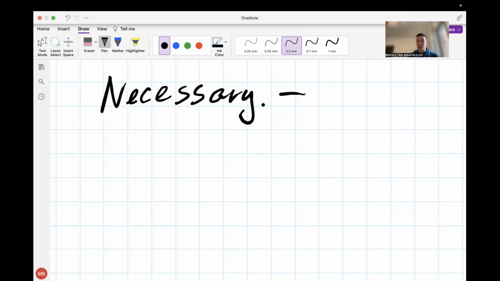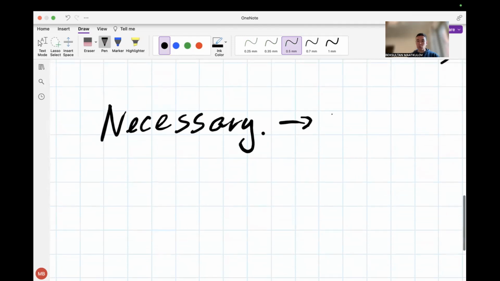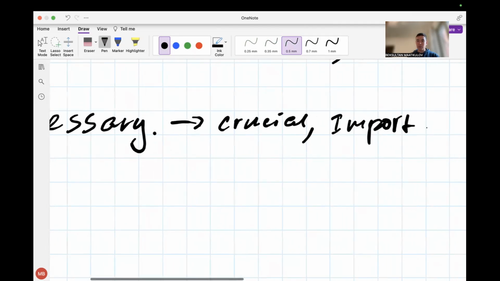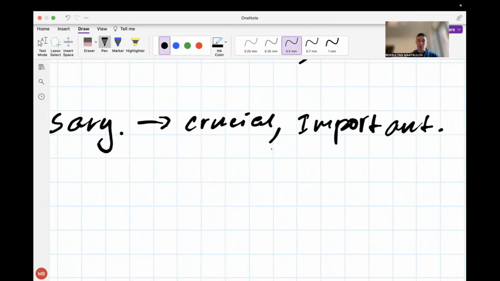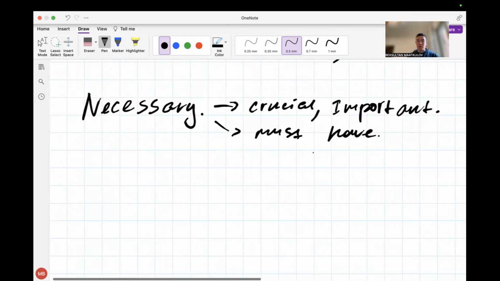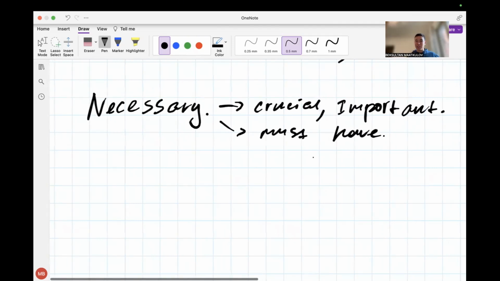Let me write necessary. So necessary, you can use the word crucial, important, or must have. So anytime there is a necessary condition, it means that this is really important. Without this condition, it's impossible to satisfy the statement.